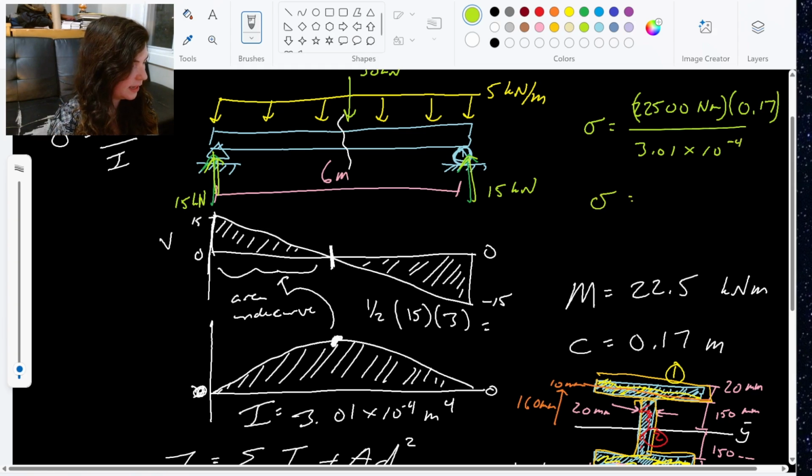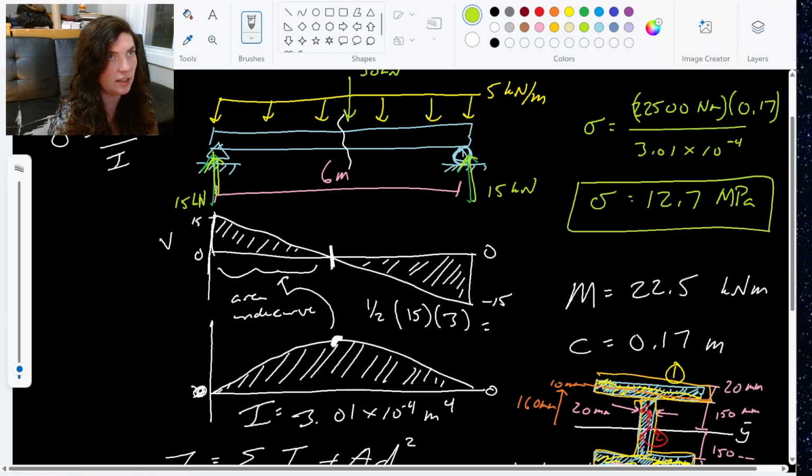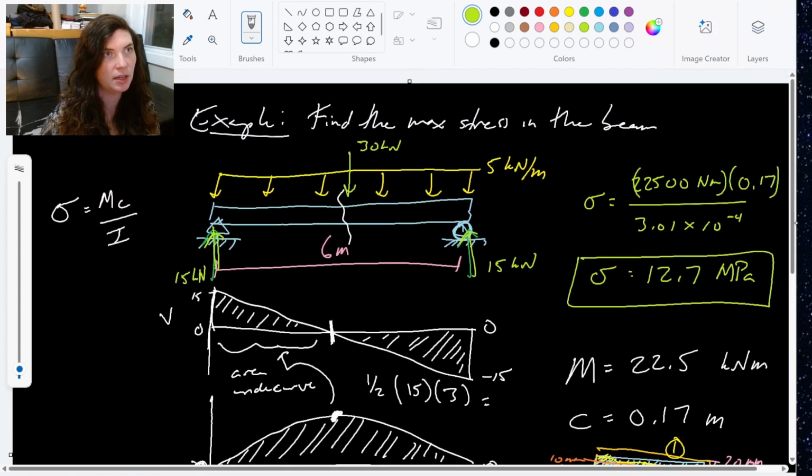Punch all that into my calculator and get a bending stress, a maximum stress of 12.7 megapascals, or 12 times 10 to the 6th pascals. Any way you write that answer is acceptable, but that is our max bending stress in this beam.